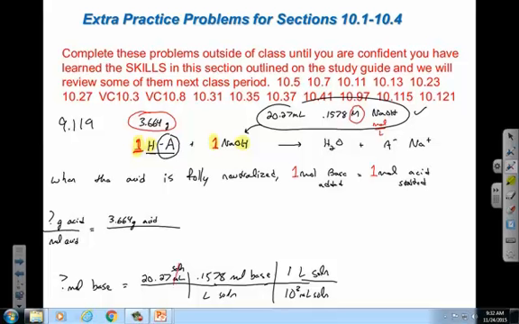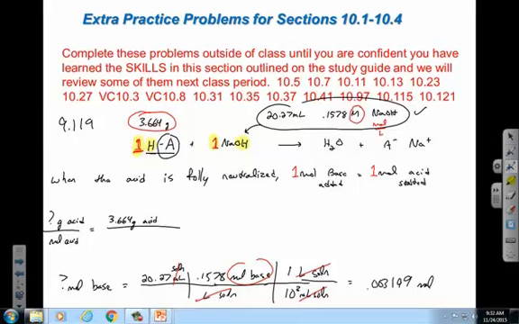Now I can cancel these, and I've got the unit I want. So I plug that into my calculator: 20.27 times 0.1578 divided by 1,000, or 10 to the third. That gives me 0.003199 moles.